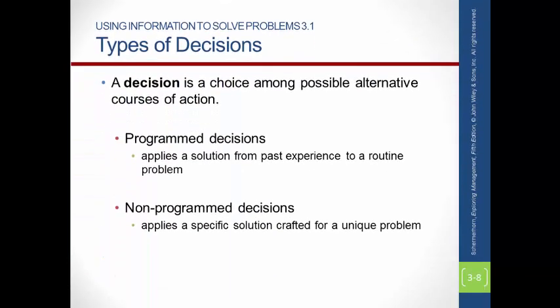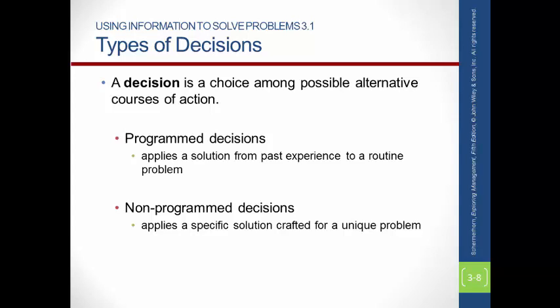A decision is simply a choice among possible alternative courses of action. There are 2 main categories when it comes to the decisions that we make. Programmed decisions is when we apply a solution from past experiences to a routine problem. So maybe you're on the way to work and you encounter bad traffic, and you have another route that you use to get to work that you use all the time.